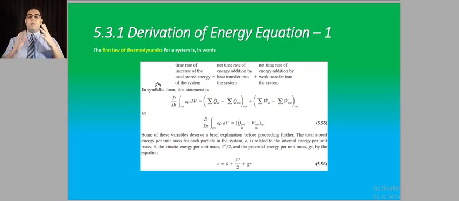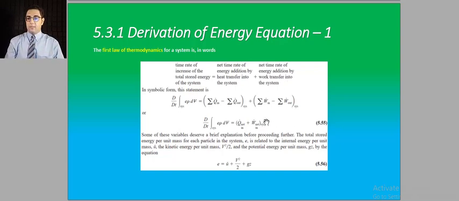This means the first law of thermodynamics is obtained as: the time rate of increase of the total energy stored in a system is equal to the net time rate of energy addition by heat transfer into the system plus the net time rate of energy addition by work transfer into the system.